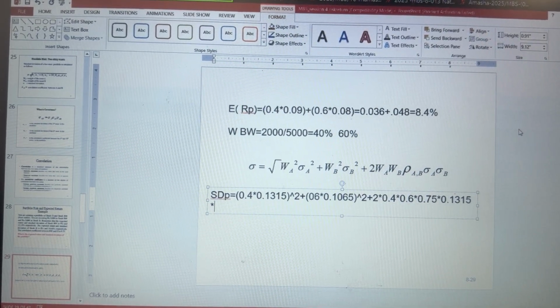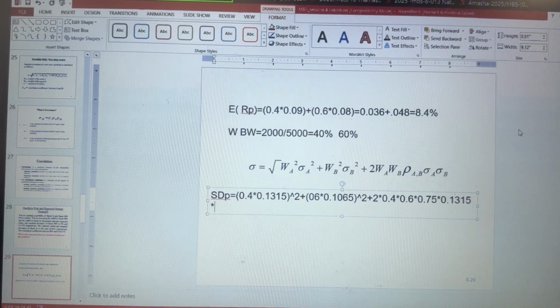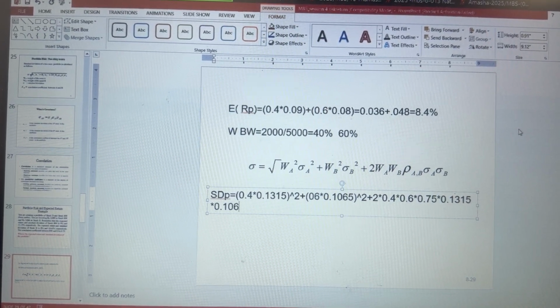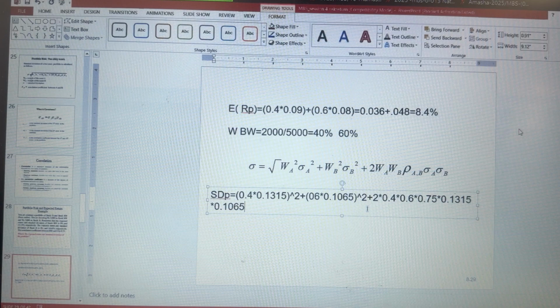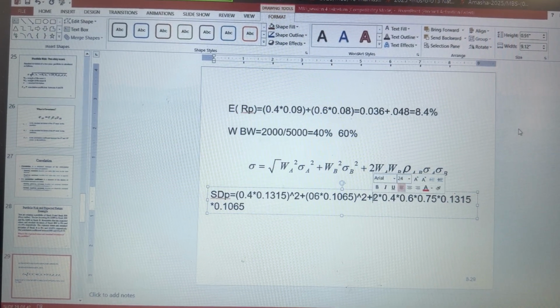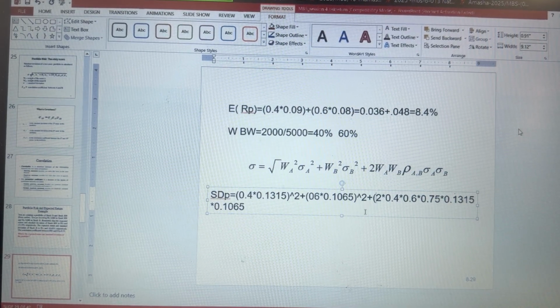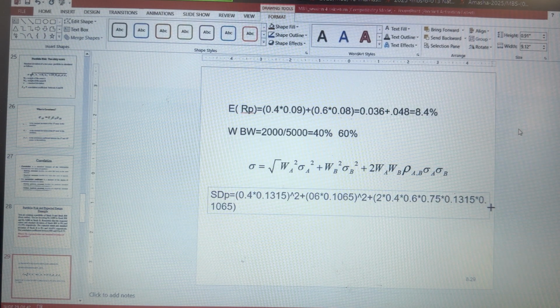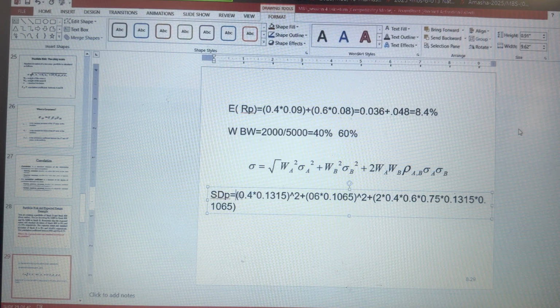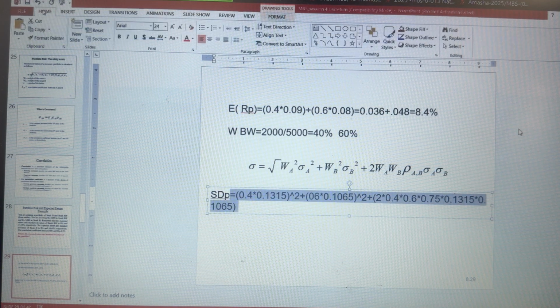Then the standard deviation of B, given as 0.1605. So this is the other part. If we calculate this entire equation, you can find the answer for this portfolio standard deviation.